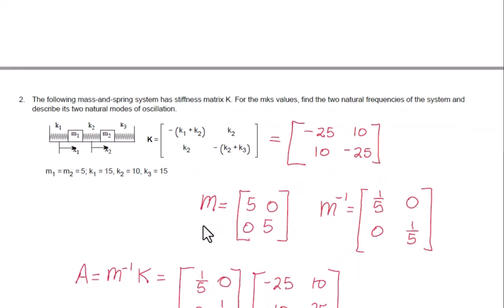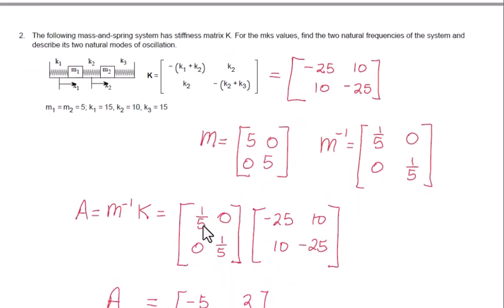All right, if we look at problem 2, we have M1, M2, they are 5. My spring constants are 15, 10, and 15. All right, so plug in the information. We get our stiffness matrix, which looks like the following.